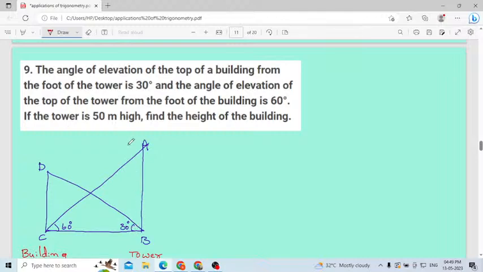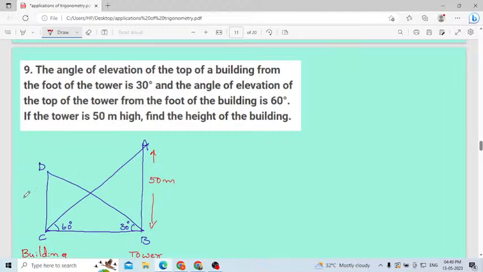Then the angle of elevation of the top of the tower from the foot of the building is 60 degree. The tower is 50 meter height; the height of the tower is given, it is 50 meter. Angle of elevation they have given from both. Then find the height of the building.